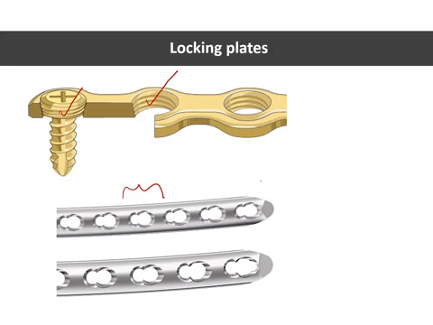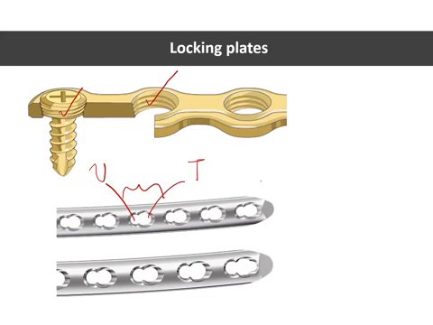In the combo holes, one hole was threaded and the other was unthreaded. So you can use it as a classical DCP or LC-DCP as well, or you can use it as a locking plate where you will drill a hole into the area where the threads in the hole are available.